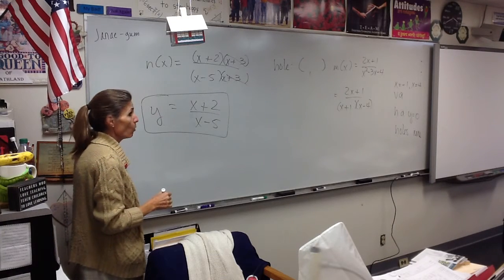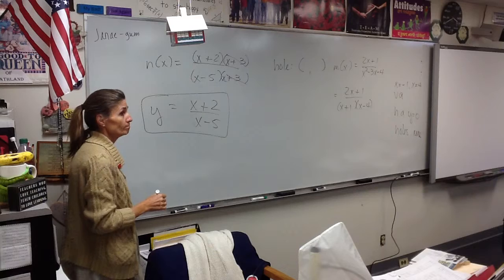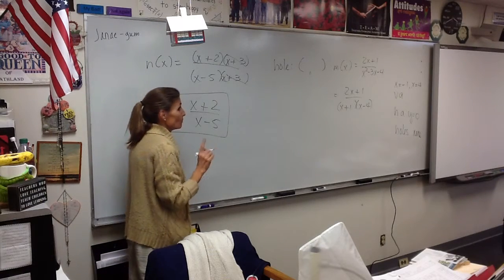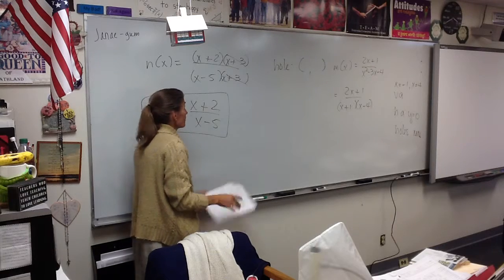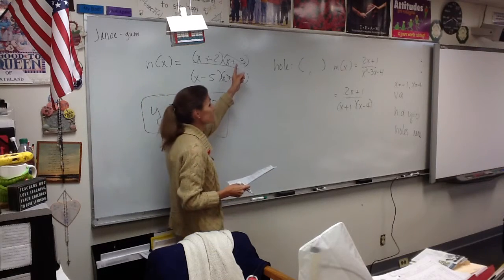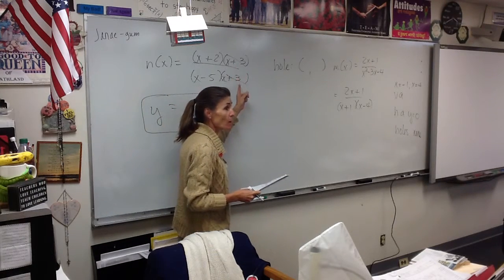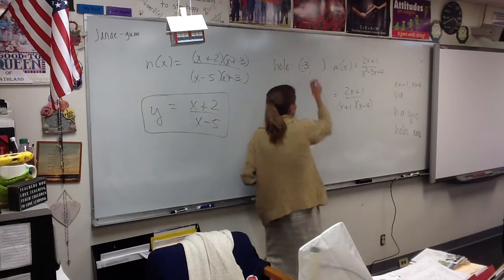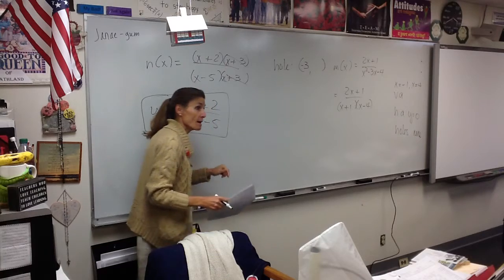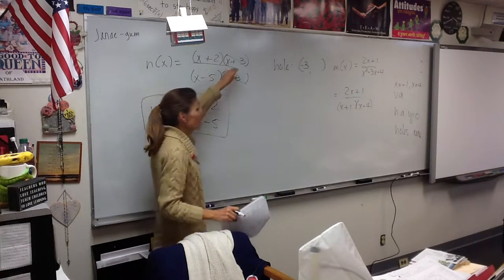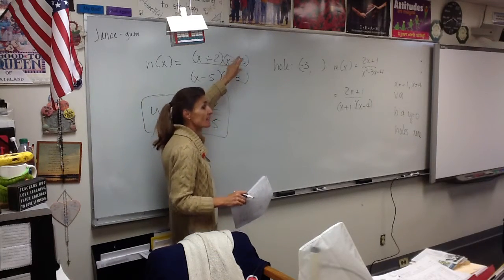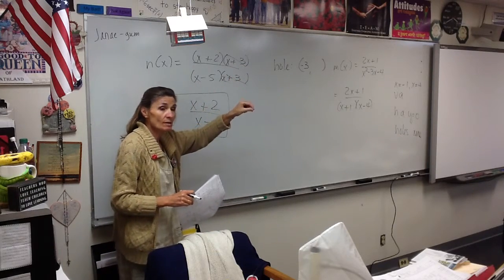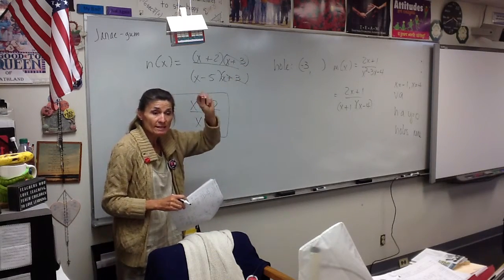Anna, where's that hole going to be? Okay. The hole, remember, is at the opposite of what canceled. One more time. The hole is at the opposite of the thing that canceled out. So since x plus 3 canceled out, we're going to have a hole at negative 3.